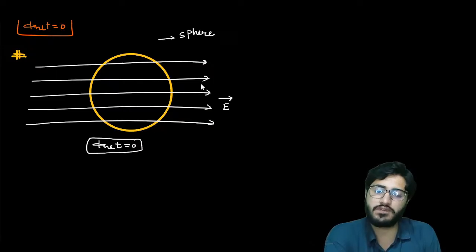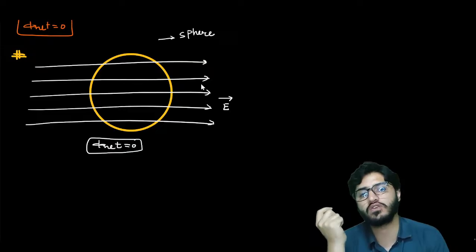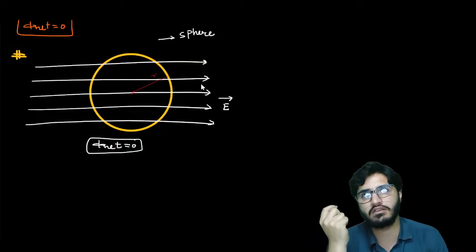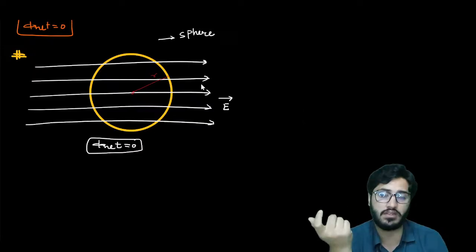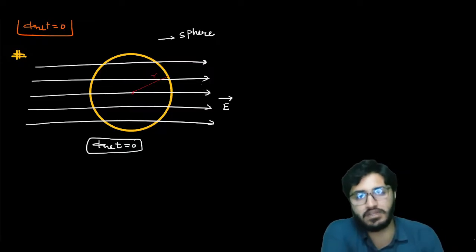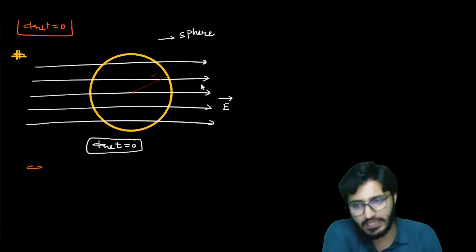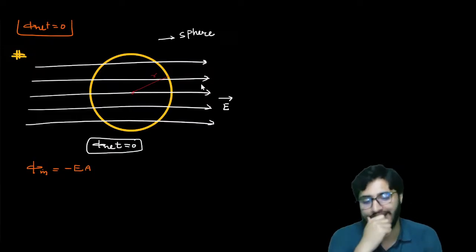But if in a question you need to find the incoming flux, how do we find it? We know, sir, incoming flux will be minus EA only, right? But what is A? How do we find A now?